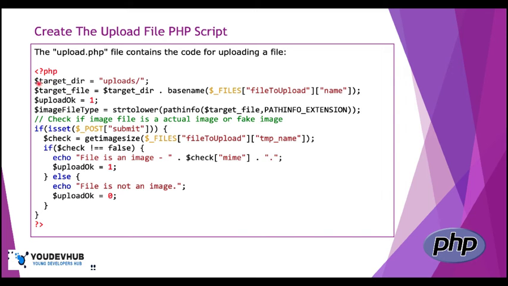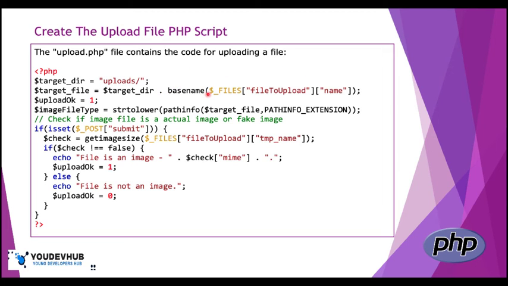So our target directory means we are going to create a folder called uploads, and that is where it's going to be. Our target file also means which file we want to store. So we're going to make our target file the target directory, appended to the file.